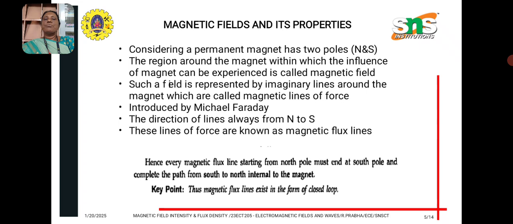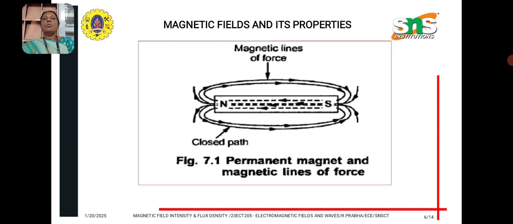These lines of force are also known as magnetic flux lines. Hence, every magnetic flux starts from the north pole to the south pole and completes the path from south to north internal to the magnet. So the magnetic flux lines always form a closed loop.